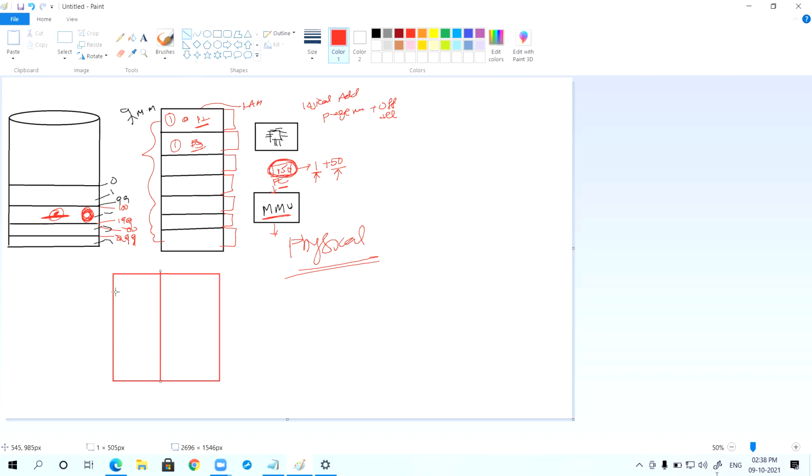What does the page table contain? Page number and frame number. Meaning, which page is present in which frame will be there in this table.